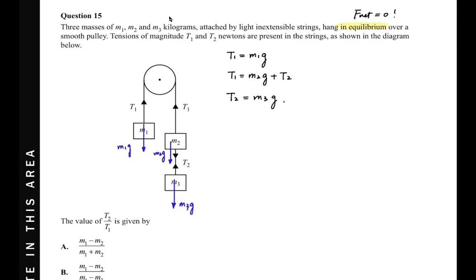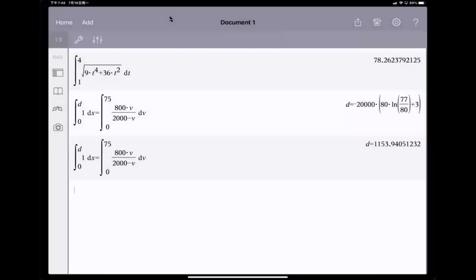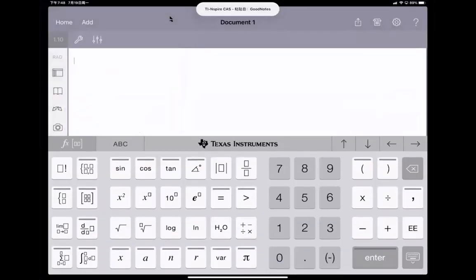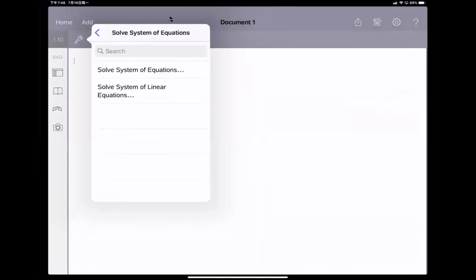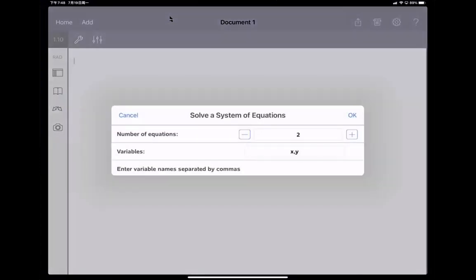All right. Looks like we only have T1 and T2 unknown in the system of 3 equations. In this case, I'm going to use my CAS calculator to solve the system of equations. Let's say algebra, solve system of equations.